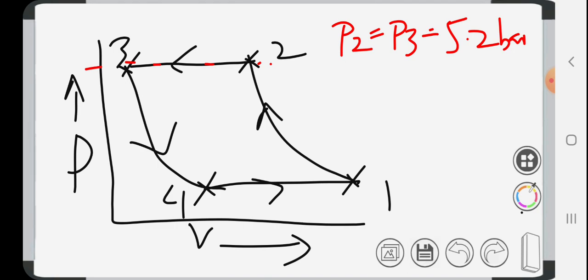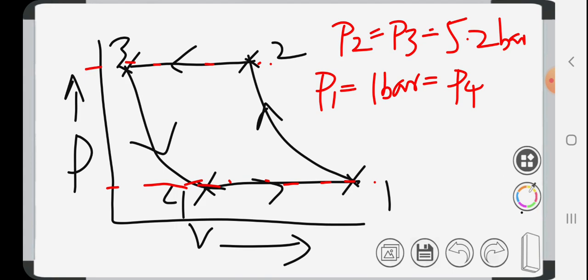And another thing given is P1, the pressure at the starting of compression. P1 equal to 1 bar. So P1 will be the same as P4, right? And also T1 is given. It is 18 degrees Celsius, right?